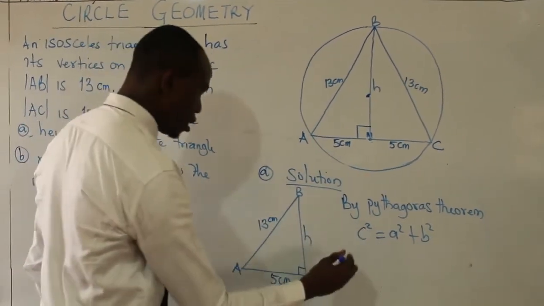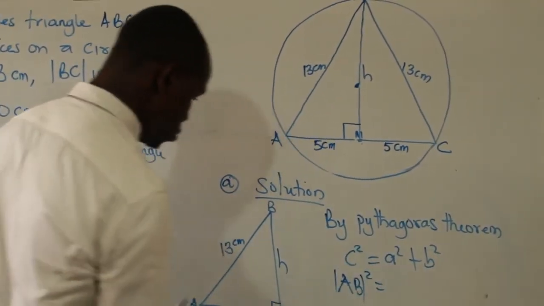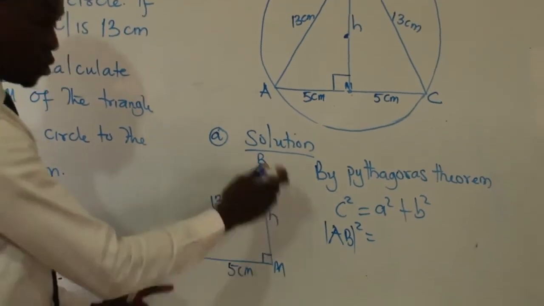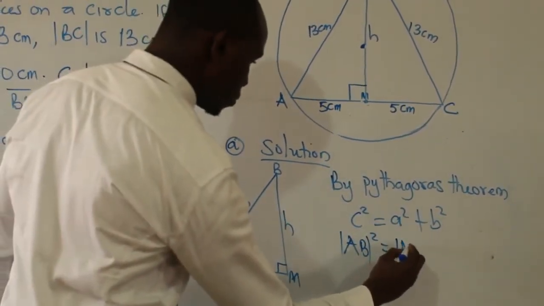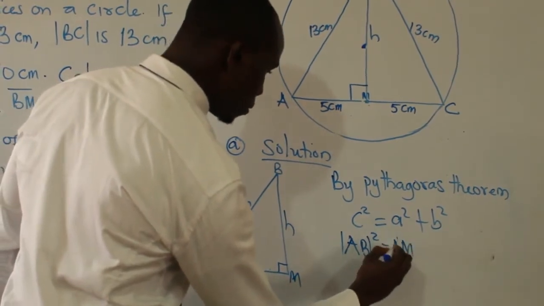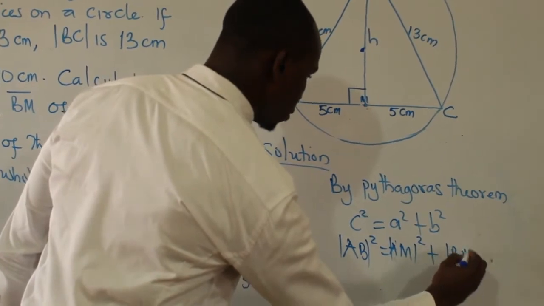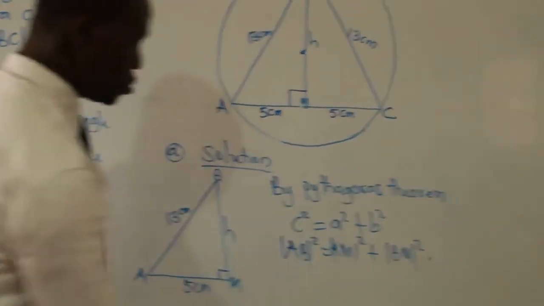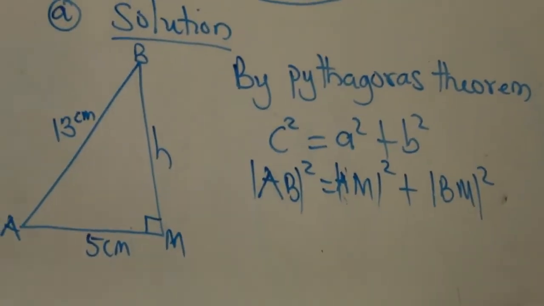So in place of C, I write AB squared is equal to, in place of A and B, any of the other two sides, AM squared plus BM squared. So AB squared is equal to AM squared plus BM squared. That's what the Pythagoras theorem says.